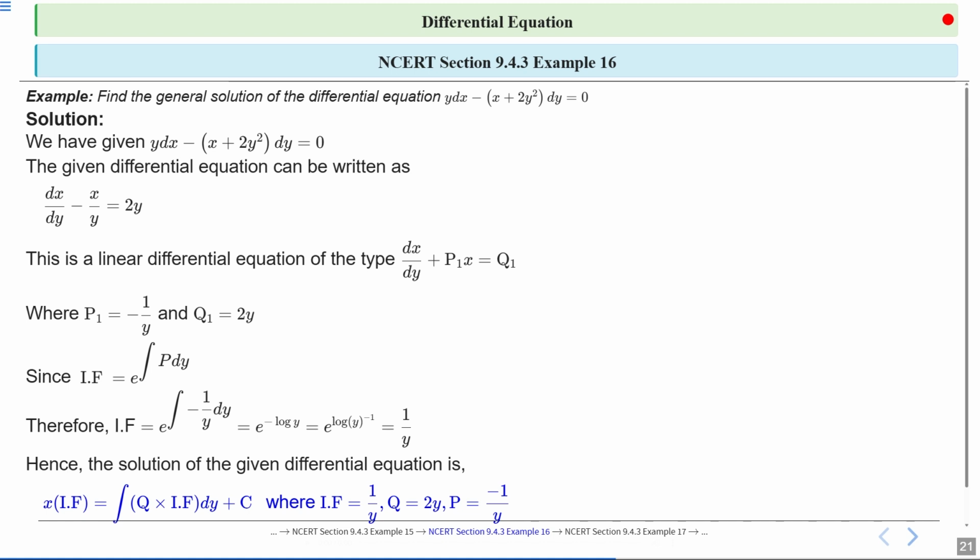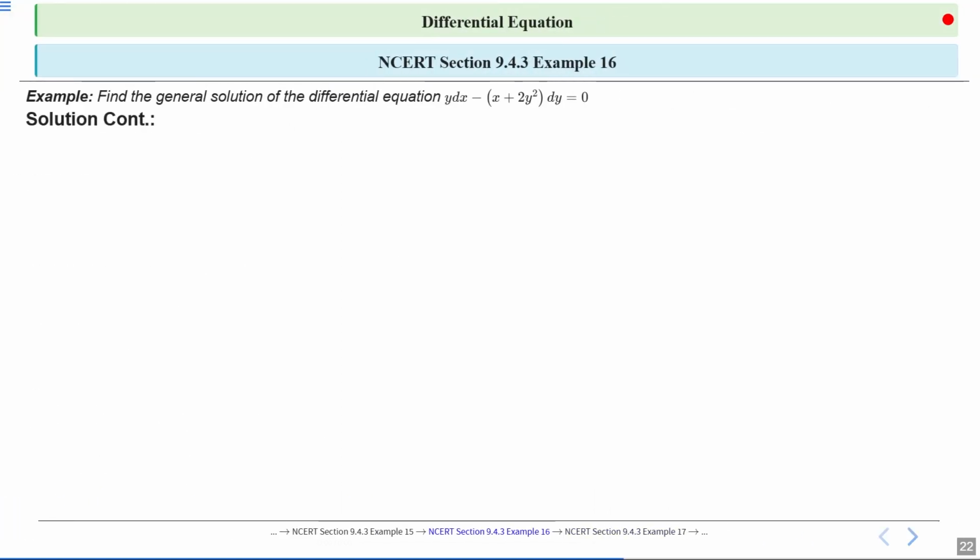Okay, and here the value of integrating factor is 1 by y and q is 2y. So we just substitute these values into this formula, and we get the general solution of this differential equation. That is x by y is equal to integration of 2y into 1 by y dy plus c.